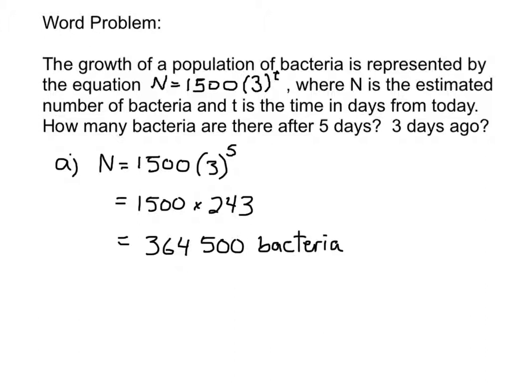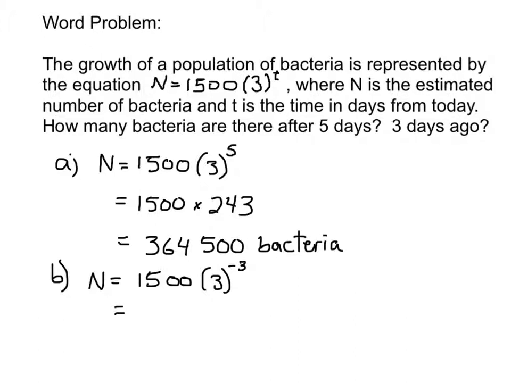For part B, we're looking at 3 days ago, how many bacteria were there. Let's start with our equation again. This time, we're looking at 3 days ago from today. So for t, that's minus 3 days. So we sub negative 3 in for the exponent.